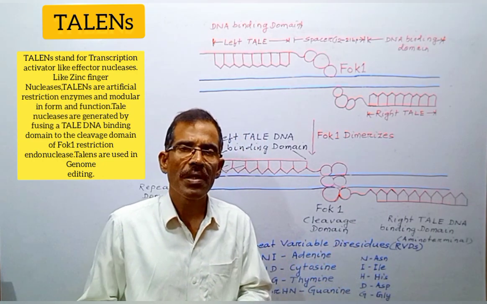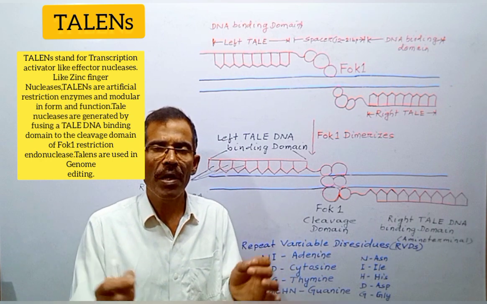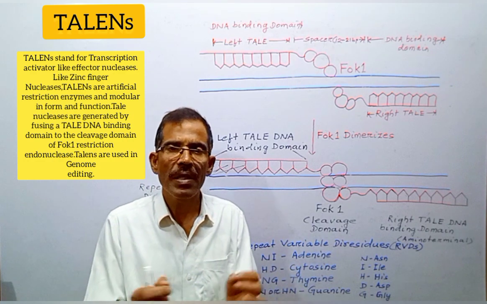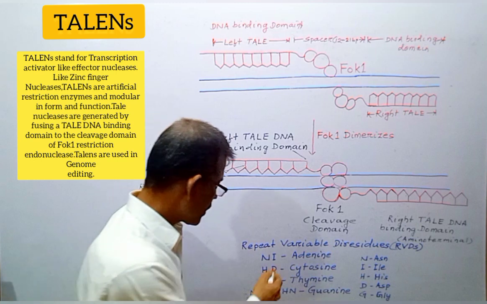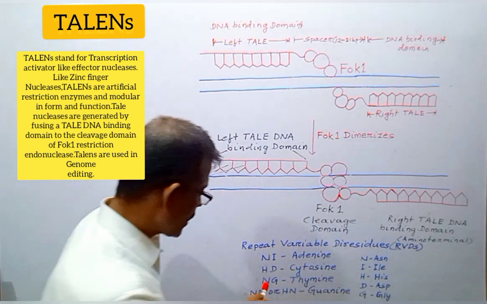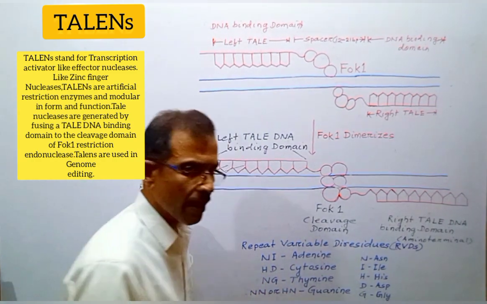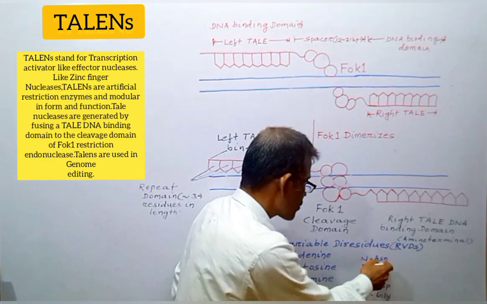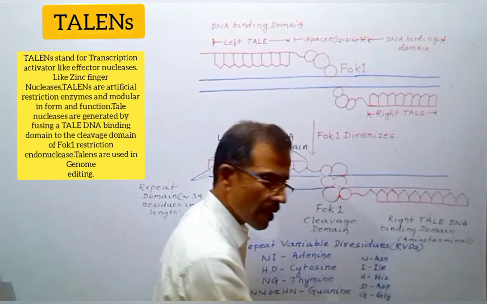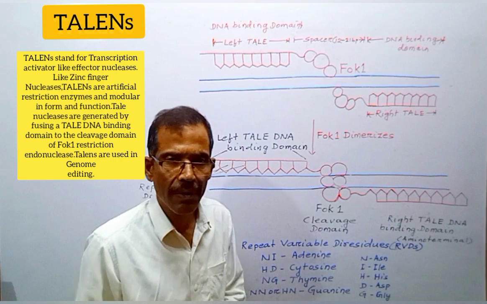The amino acid residues that are most commonly used as repeat variable diresidues in order to assemble synthetic TAL arrays are NI for adenine, HD for cytosine, NG for thymine, and NN or HN for guanine, where N stands for asparagine, I for isoleucine, H for histidine, D for aspartic acid, and G for glycine.